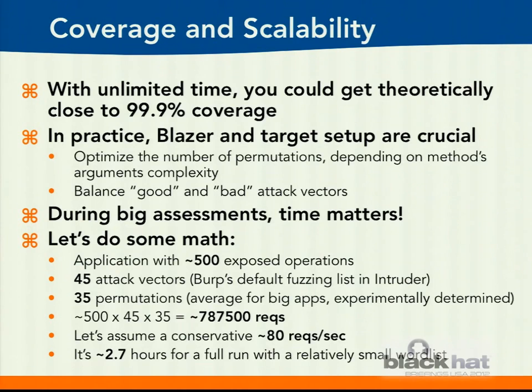And even with 45 attack vectors and an average of 35 permutations, which is something I determined experimentally but is a good approximation of how many times you need to try to build a complex object, and assuming a setup with a laptop running Burp and Blazer and a remote server for testing, that's going to take almost 3 hours.